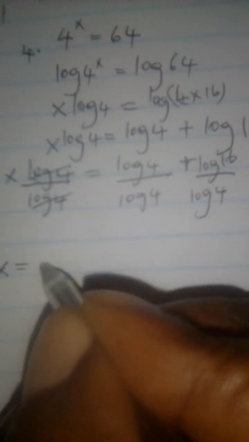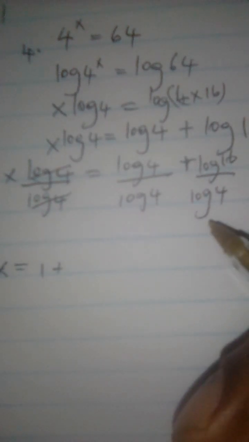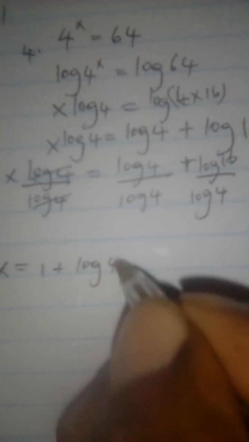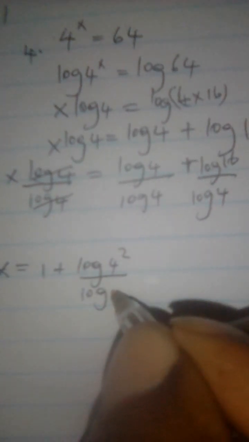x equal to log 4 over log 4 is 1 plus log 16 over log 4 can be rewritten as log 4 squared over log 4.